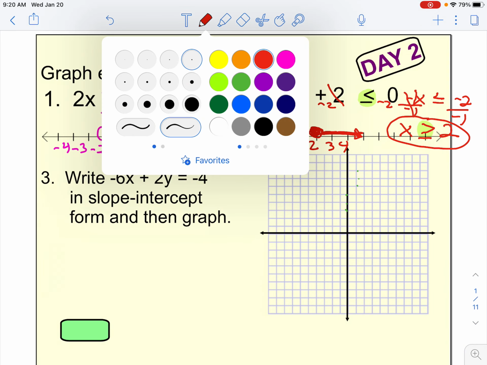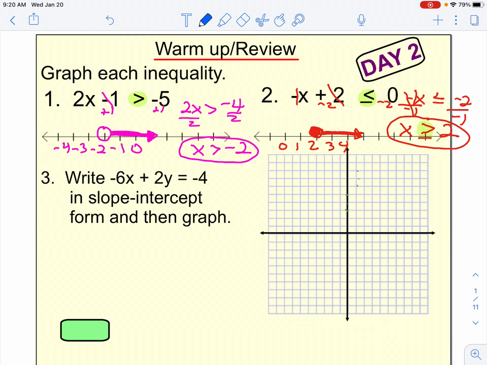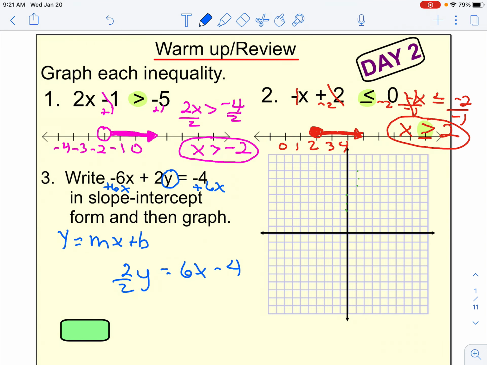This last question here is working on solving for y, because in slope-intercept form, we would be looking for y equals mx plus b. So to do that, I will add 6x to each side, and that gives me 2y equals 6x minus 4. Remember, we always put the x part first. Then when I divide by 2, each piece has to be divided by 2.